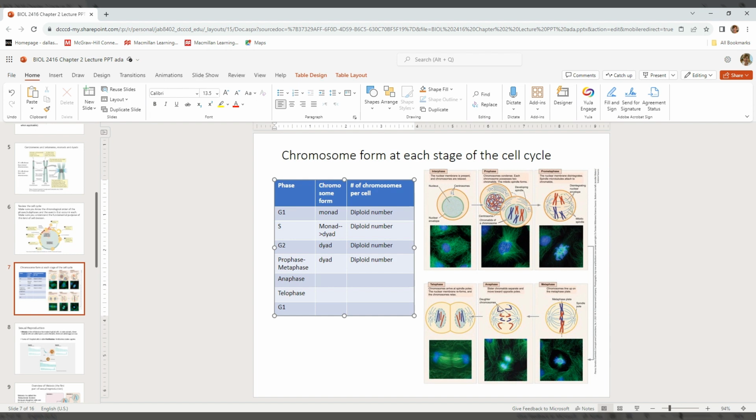Remember, when the dyad chromosomes each are pulled apart into their separate sister chromatids, we say that this is a transition from the dyad form back to the monad form. And briefly, in anaphase, we would have to count each of those monad chromosomes. So briefly, the cell would have twice whatever the diploid number of chromosomes was.